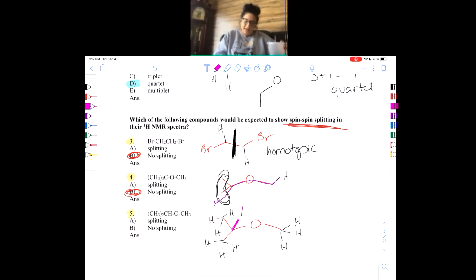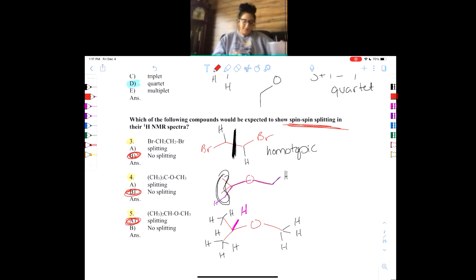So this hydrogen right here can now actually couple with these hydrogens. They're within 3 bond lengths. And so is that higher than a singlet now? Yes, indeed. So this is how we do spin-spin splitting.